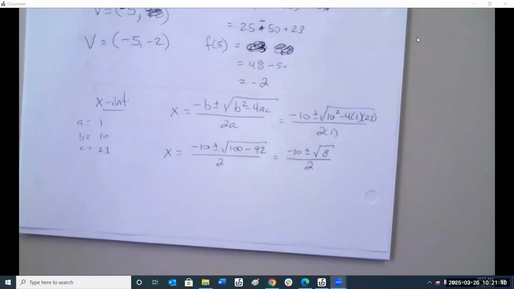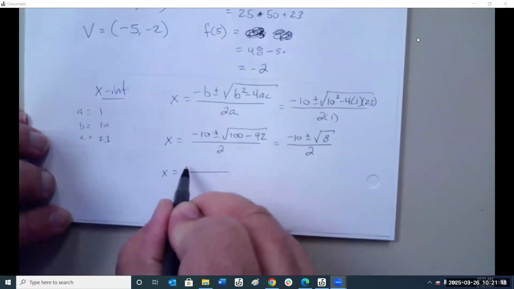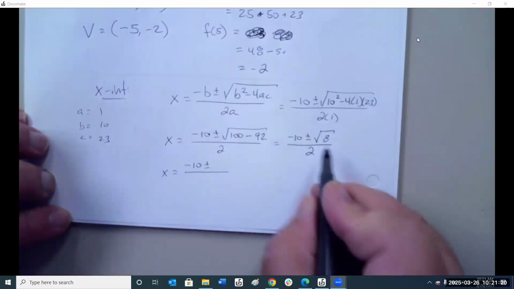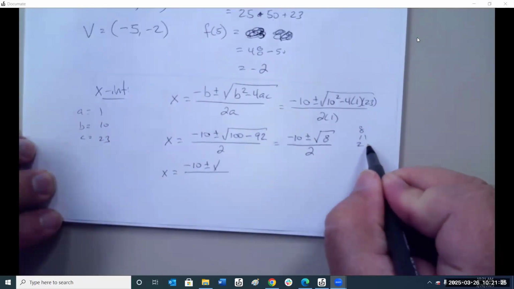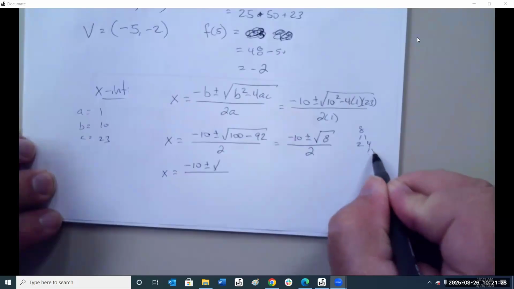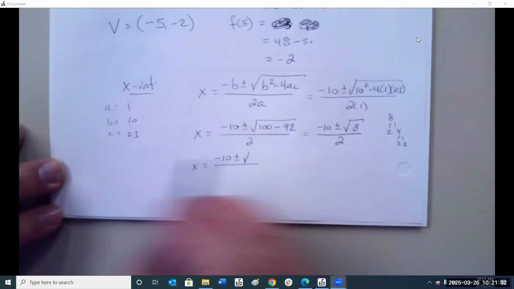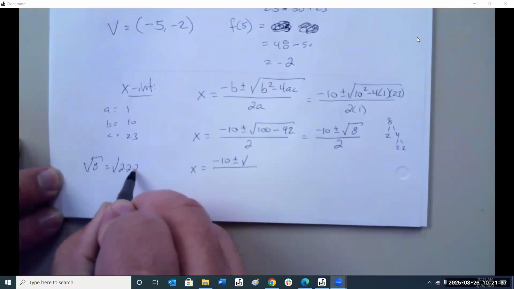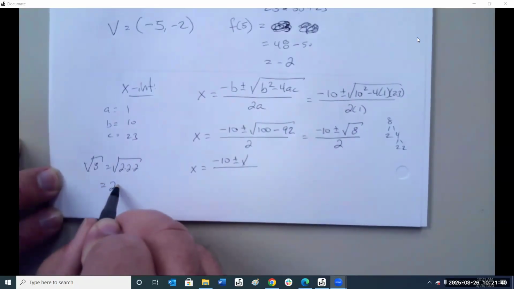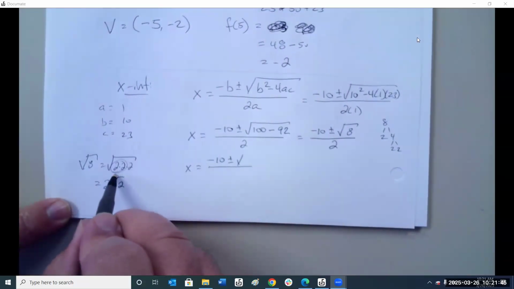Everybody follow me so far? 8 is made up of 2 times 2 times 2. So the square root of 8 becomes 2 square root of 2, since if there's a pair, I can take it out.